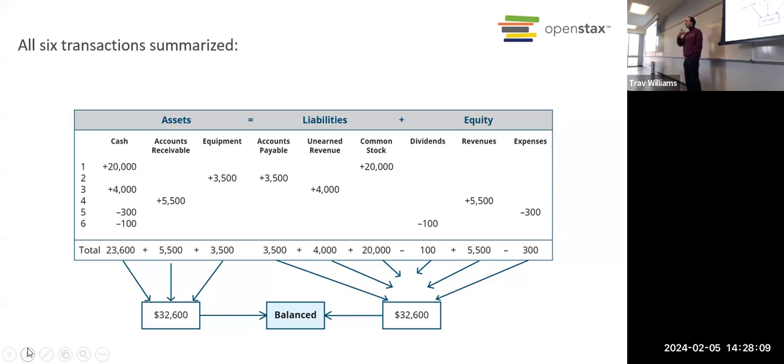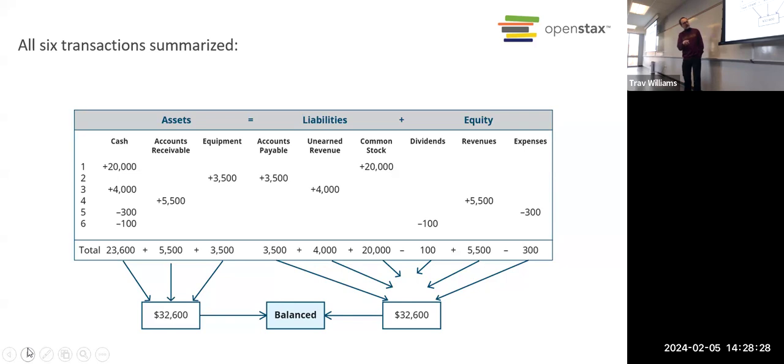Okay. This is what you might do in the ledger. You would go to the cash account in the ledger, add up all the debits, subtract all the credits, see what is the final balance in our cash account. And we would do that with every other account.